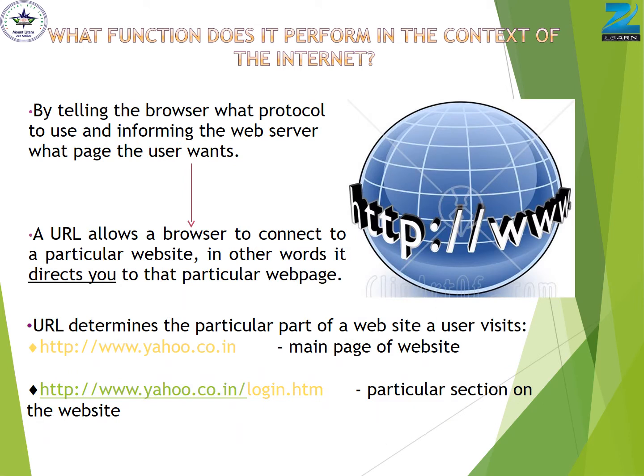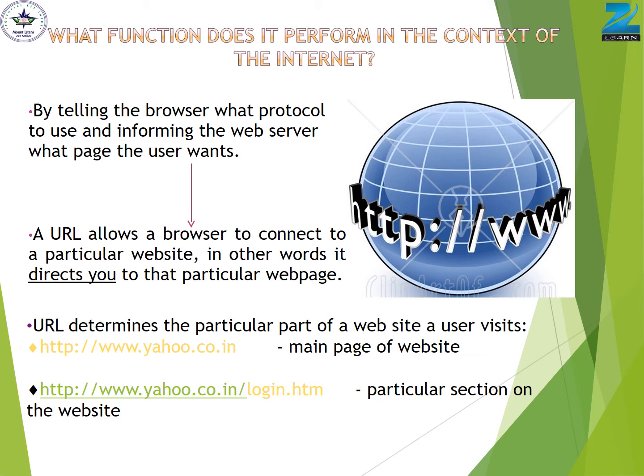A URL works by telling the browser what protocol to use and informing the web server what page the user wants. All of you know about web browser and web server also. A URL allows a browser to connect to a particular website. In other words, it directs you to that particular web page.